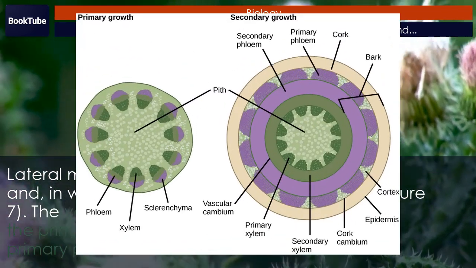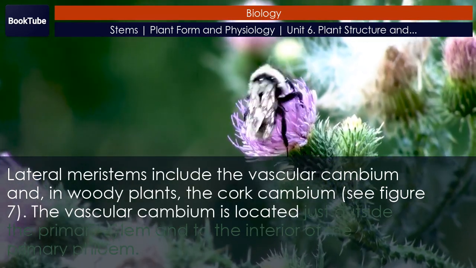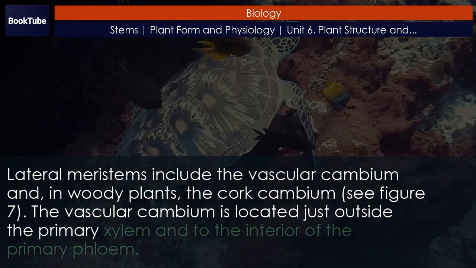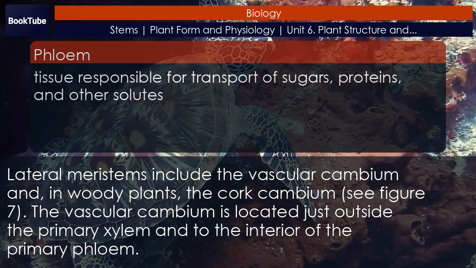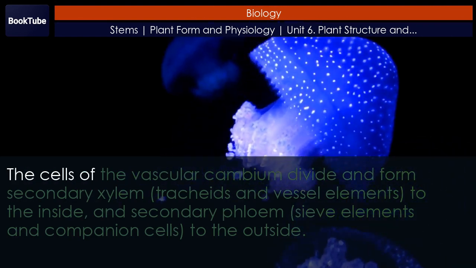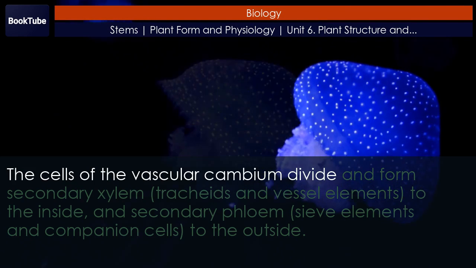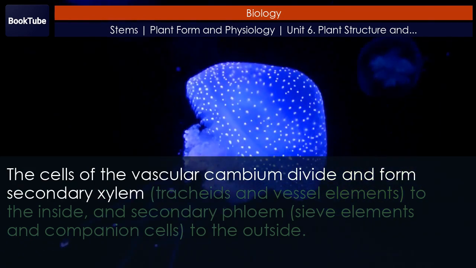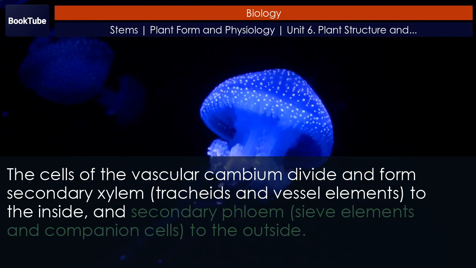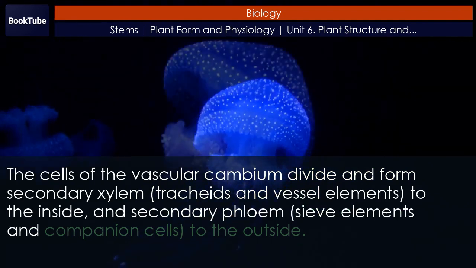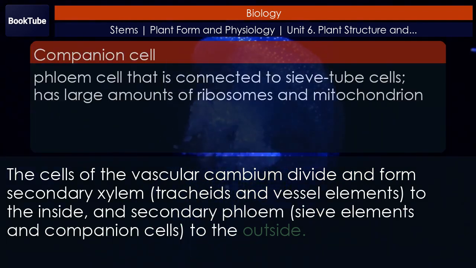See Figure 7. The vascular cambium is located just outside the primary xylem and to the interior of the primary phloem. The cells of the vascular cambium divide and form secondary xylem, tracheids and vessel elements, to the inside, and secondary phloem, sieve elements and companion cells, to the outside.